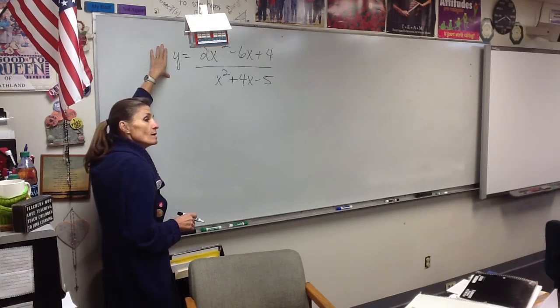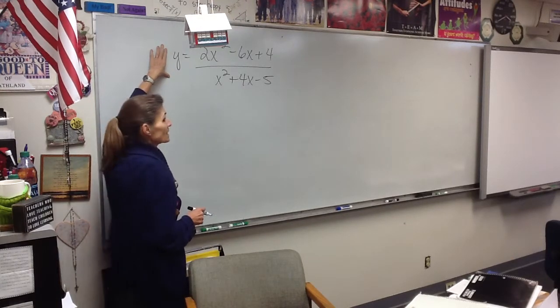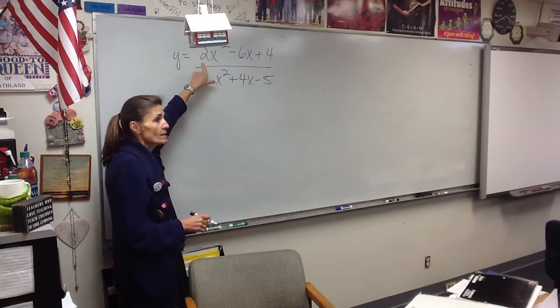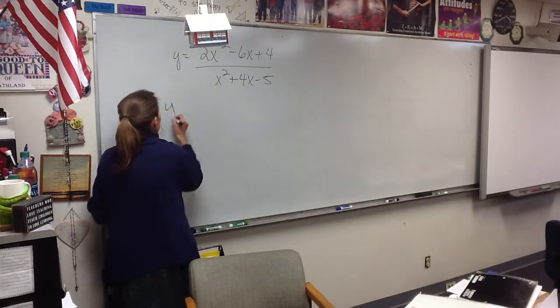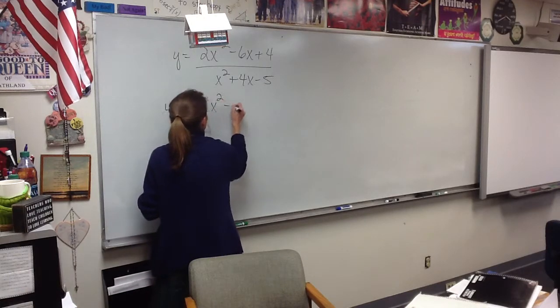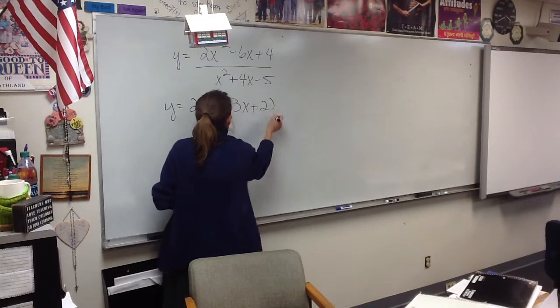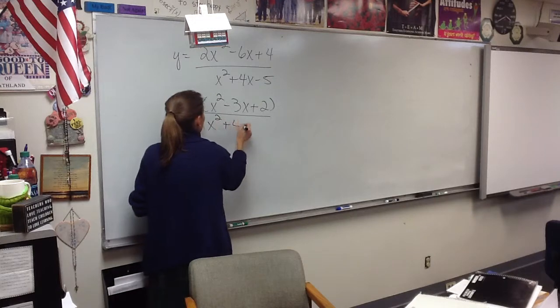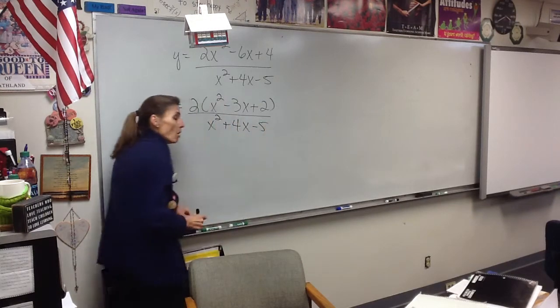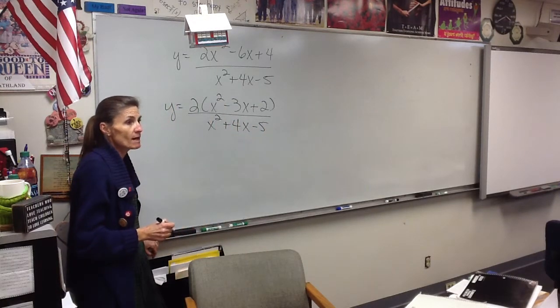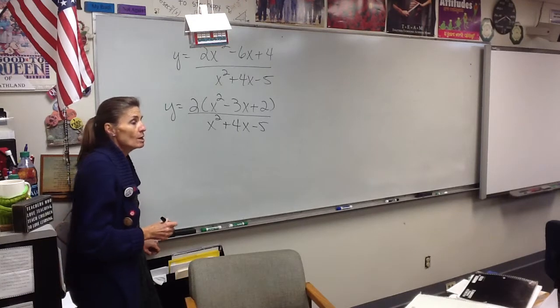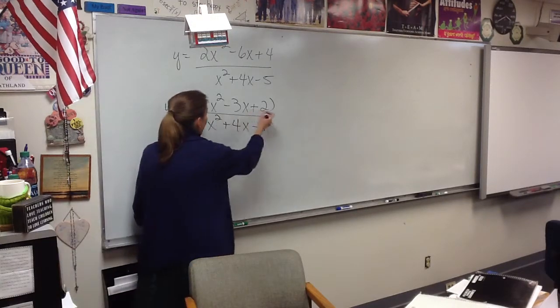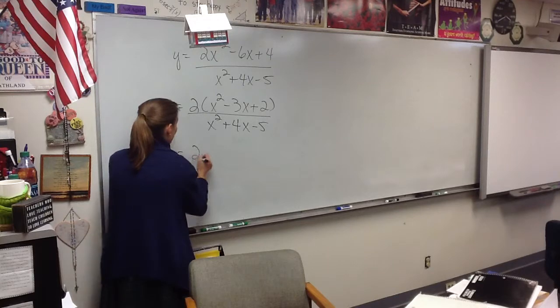So, when I factor this, the first thing I notice is that I can take a 2 out of the top. So I am going to do that. When you were a little child, your teacher told you, always take out the GCF, greatest common factor. That's what we do. When you take that 2 out, this becomes manageable.